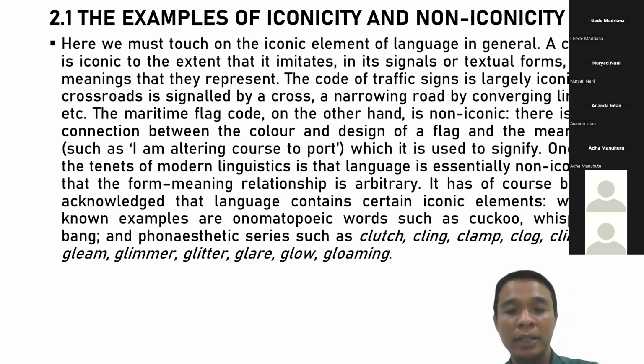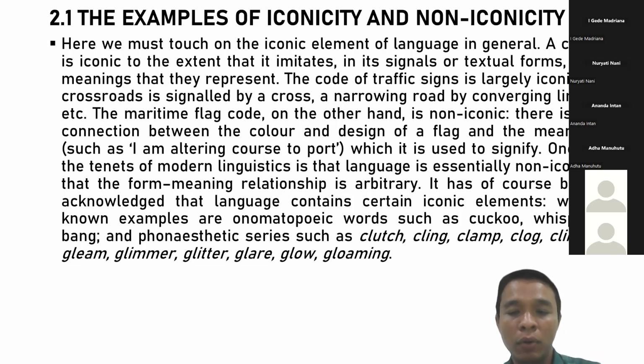You can see the differentiation by reading or understanding the examples given. Once again, the code of traffic signs is iconic. A crossroad is iconic because it is signaled by a cross.